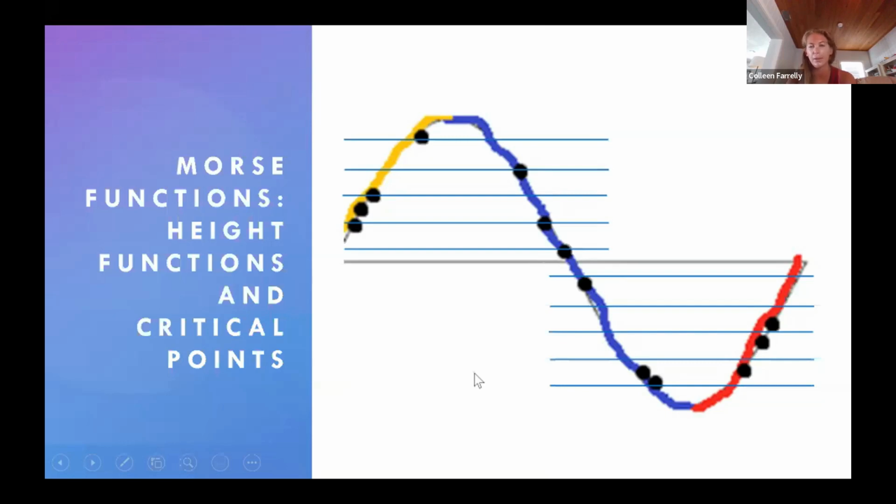And at those critical points, the behavior of the function changes across our data set. And we can kind of break things down based on the minimum, maximum, and these inflection points to understand different parts that exist within our data.